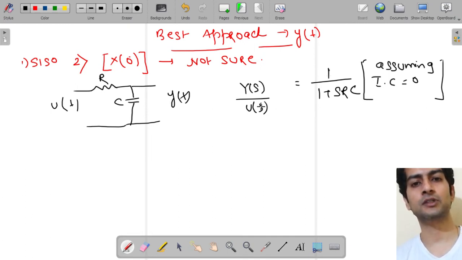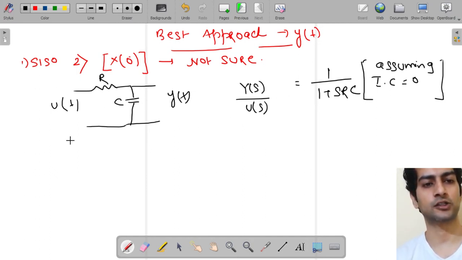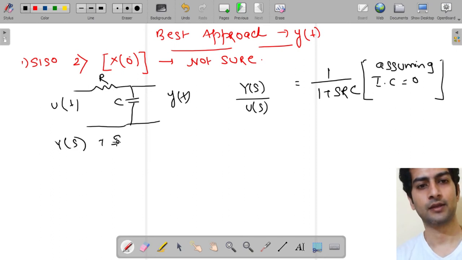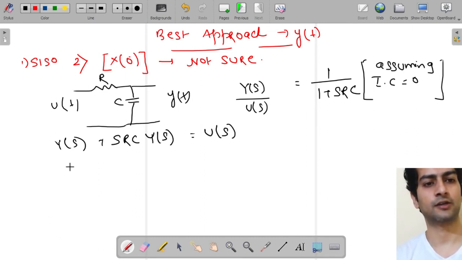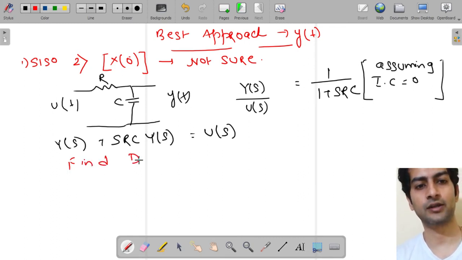The best approach is to find the differential equation of it. We have Y of s times 1 plus src equal to U of s. Now find the differential equation. Very important concept I am giving you.